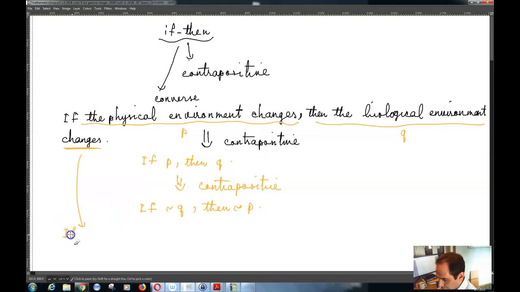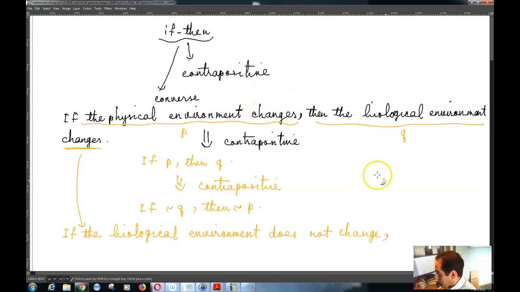So I say, if the biological environment does not change, then the physical environment does not change. Okay.